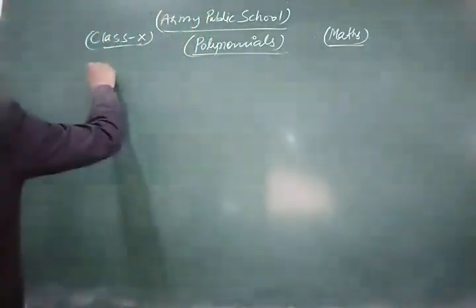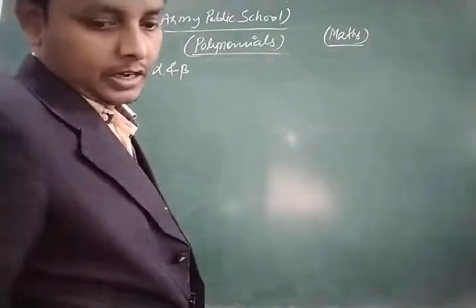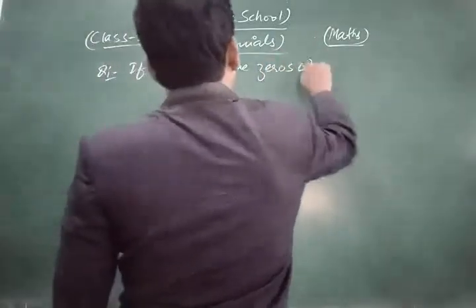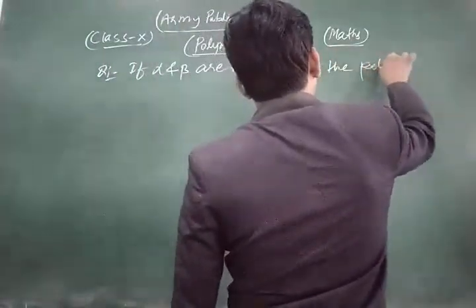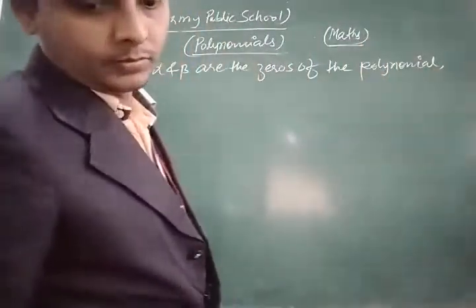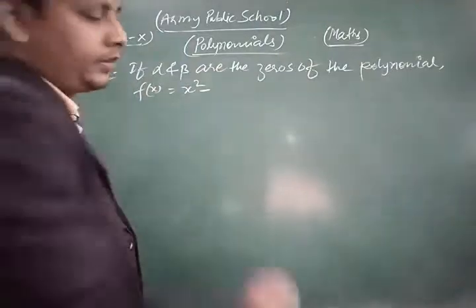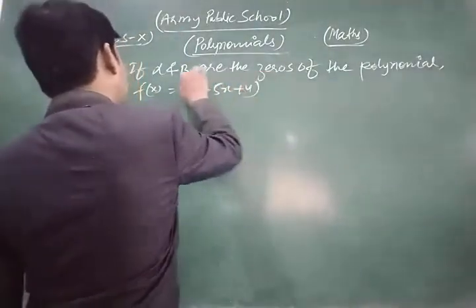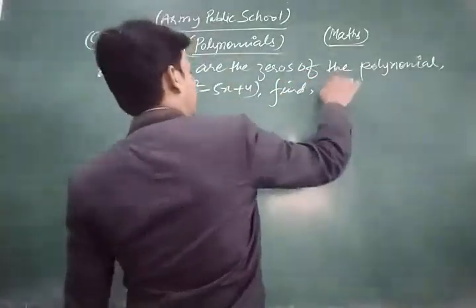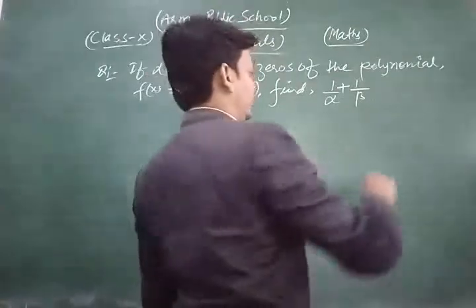If alpha and beta are the zeros of the polynomial f(x) is equal to x square minus 5x plus 4, then find the value of 1 upon alpha plus 1 upon beta minus 2 alpha beta.